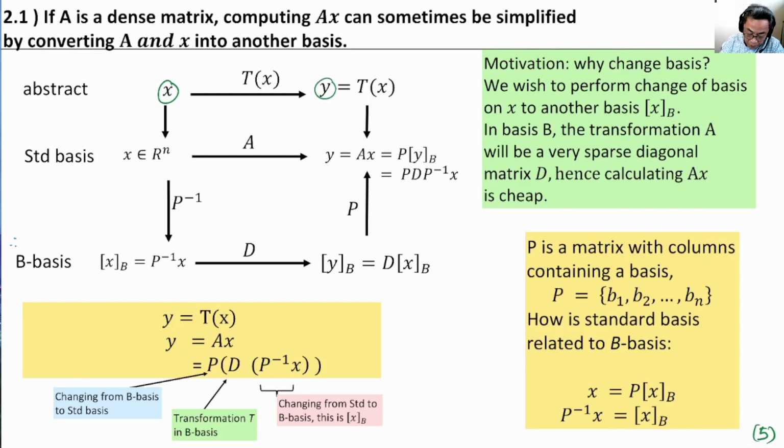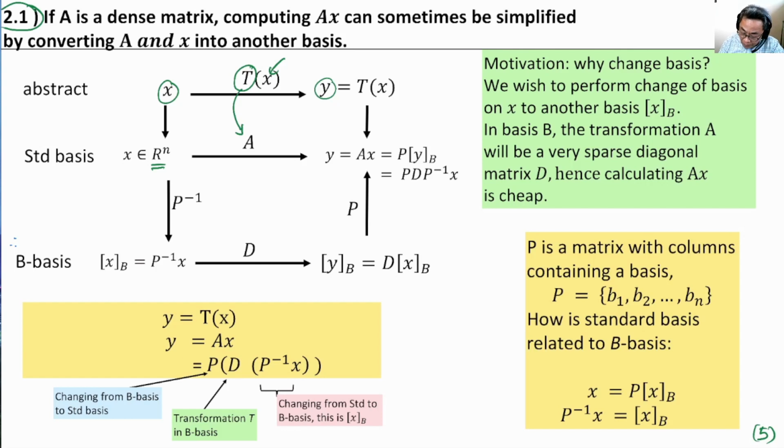This is section 2.1. In this section, we continue to study transformation T on the vector x. We have seen in the previous section that we can represent x in the Euclidean space Rn, and the operation T can be represented by a matrix.